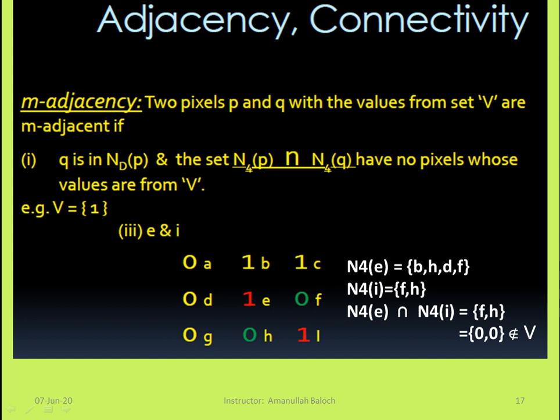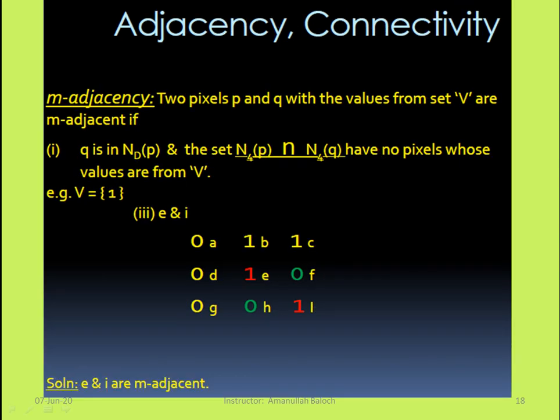They say that the intersection result should not have any pixel values from V. So these intersection results' gray values do not belong to V. So here the M adjacency exists. The solution is E and I are M adjacent.